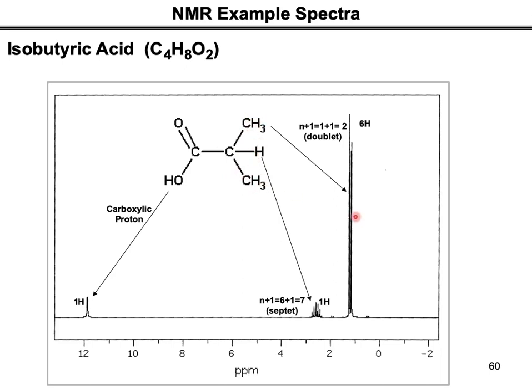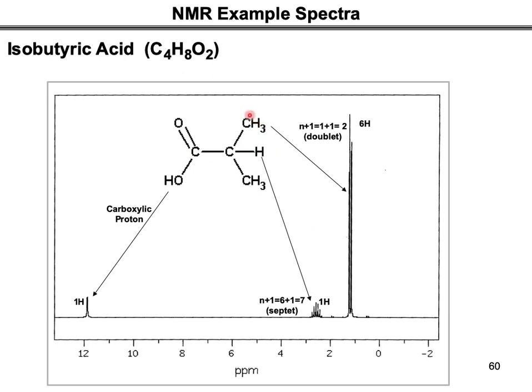And then this proton is connected with a carbon which has an electronegative property, or electron withdrawing effect, so this is the second most shielded one. And then the most de-shielded one is this carboxylic acid.